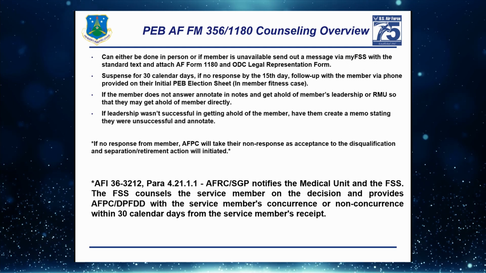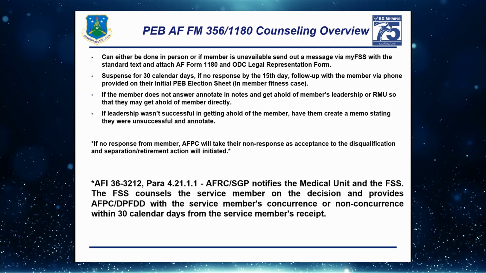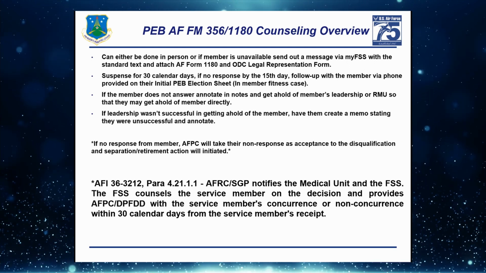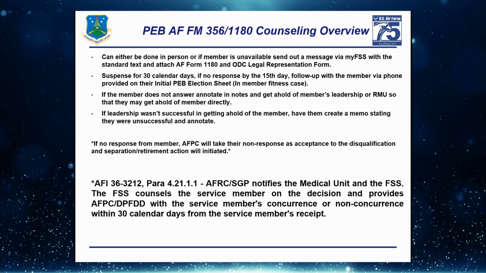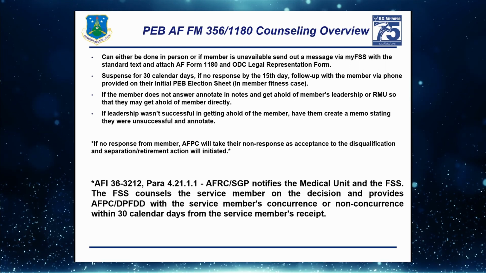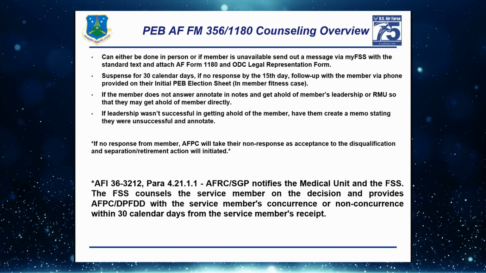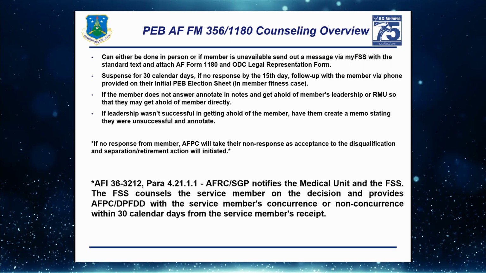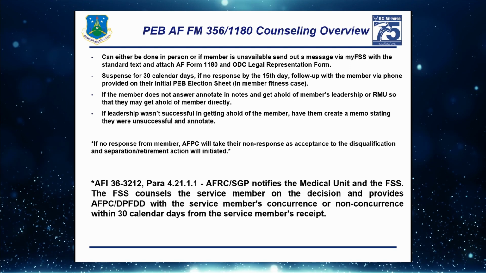Now, if there's no response from the member at all, AFPC will take their non-response as acceptance to the disqualification and separation/retirement action will be initiated. And below is just the AFI 36-3212 that kind of oversees all of this.